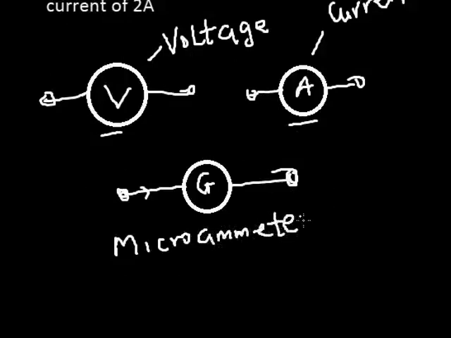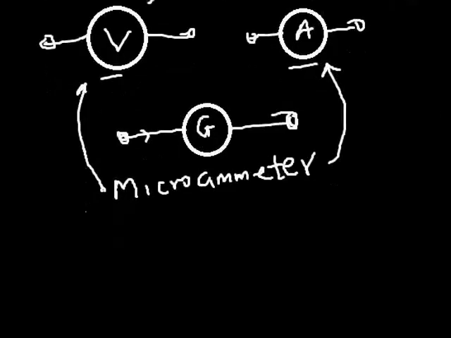But a galvanometer or microammeter can actually be converted to a voltmeter and an ammeter, and that is exactly the construction now.